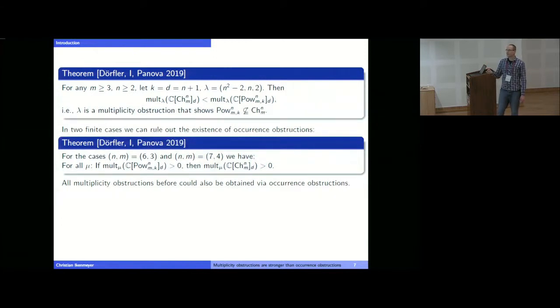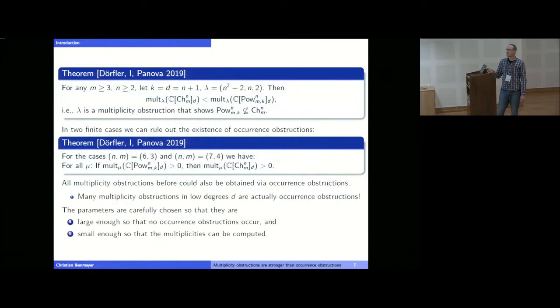So okay, why do we think that before, all multiplicity obstructions could also be obtained by occurrence obstructions? Many of the multiplicity obstructions in low degrees are actually occurrence obstructions.